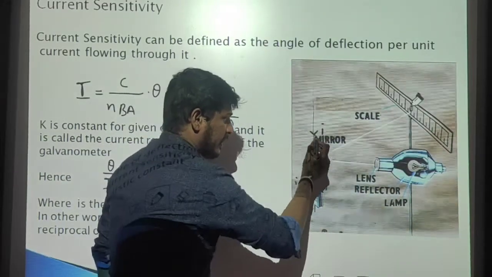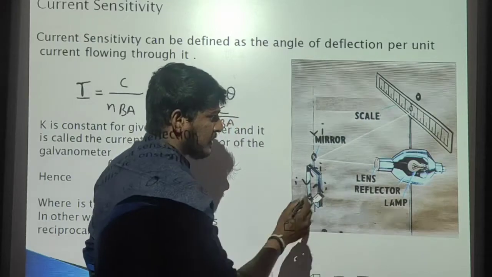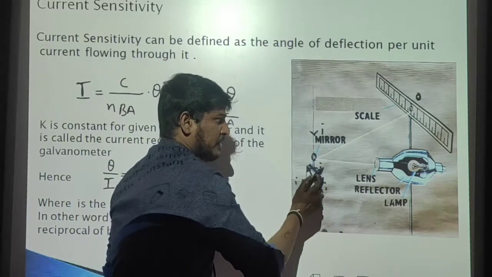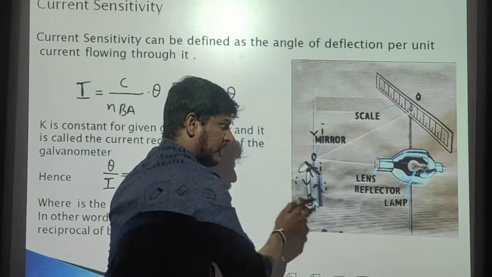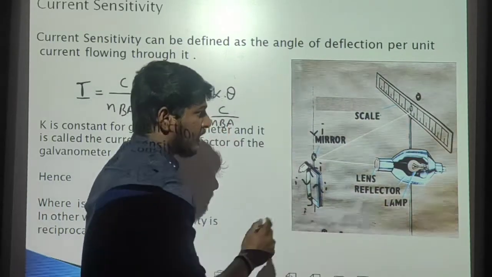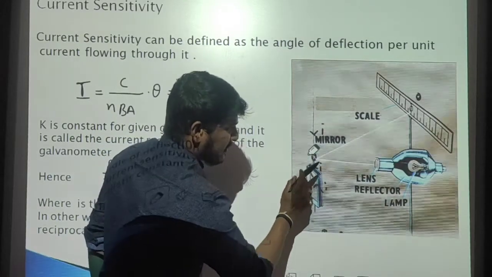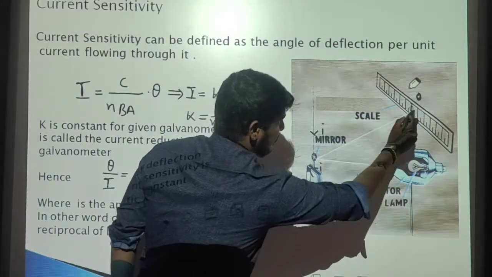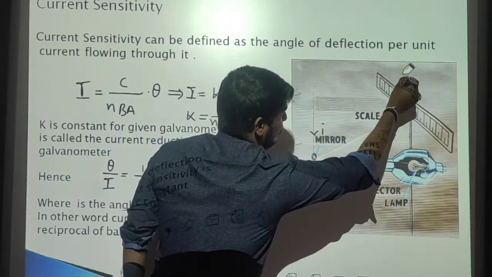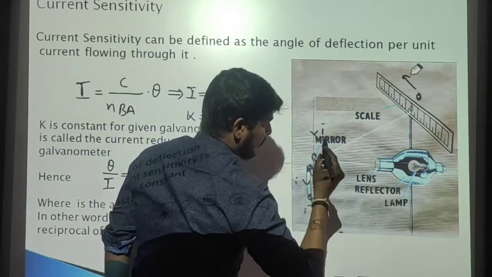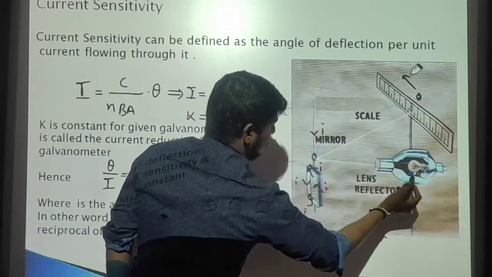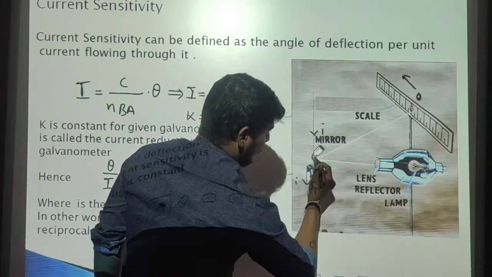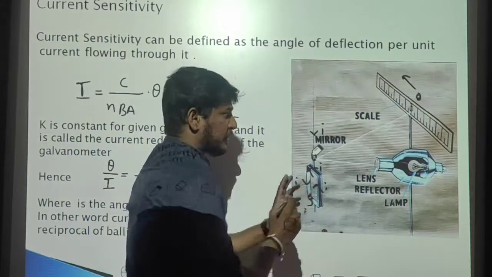Let us suppose when current I flows through the circuit, the suspension strip will twist due to the presence of the magnetic field. Then the mirror will change its position, and we observe a deflection on the scale.